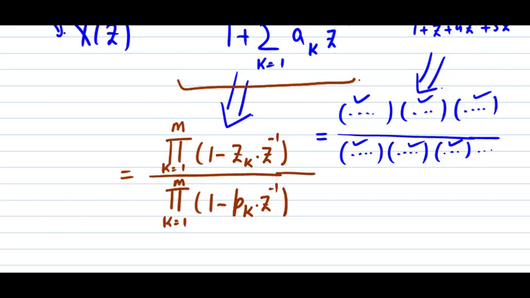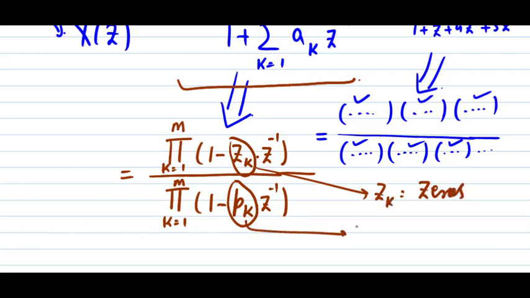So we will get this. Here, these values zk and pk are actually coefficients. These zk will represent zeros and these pk will represent poles.